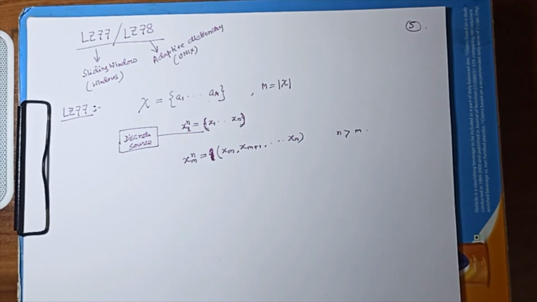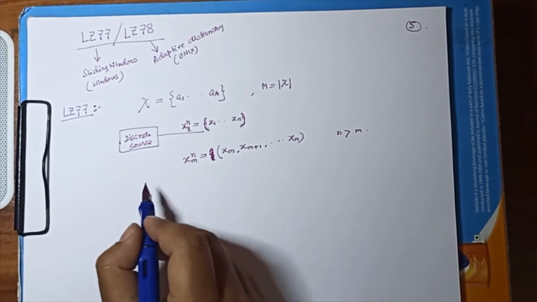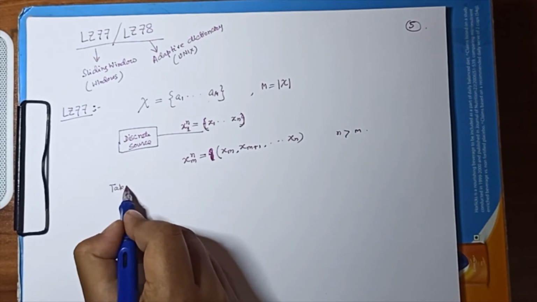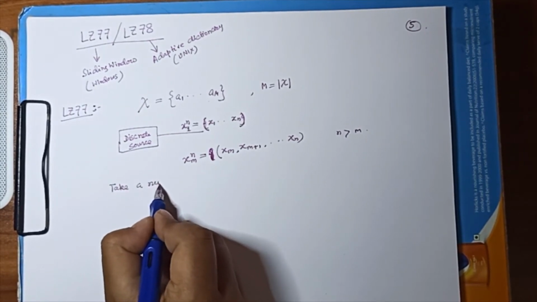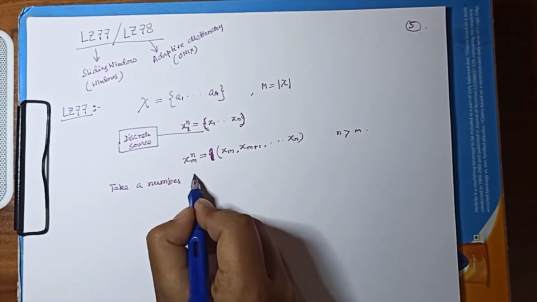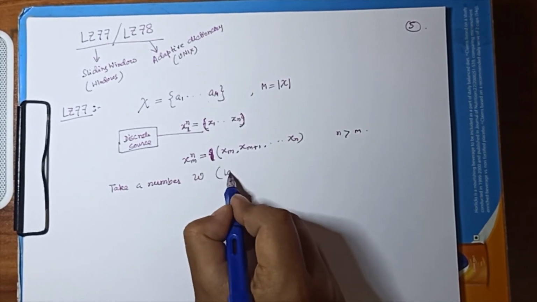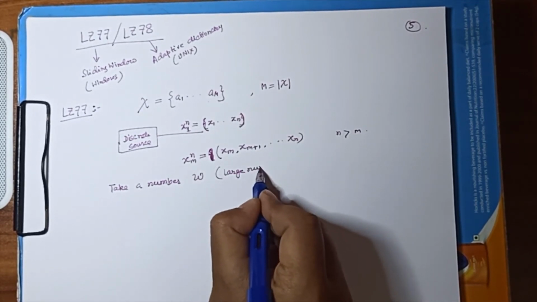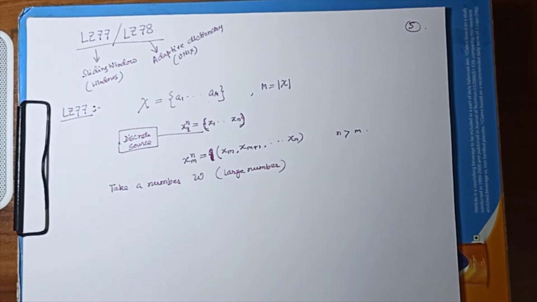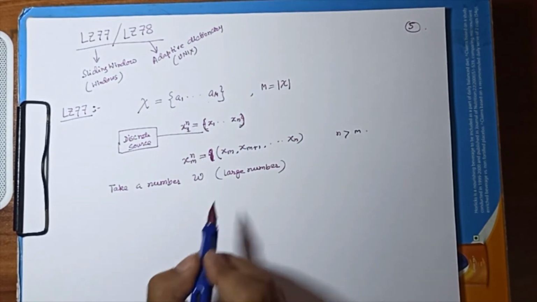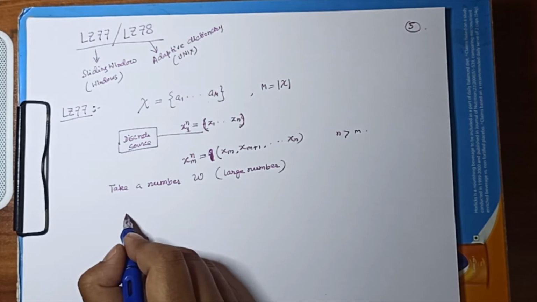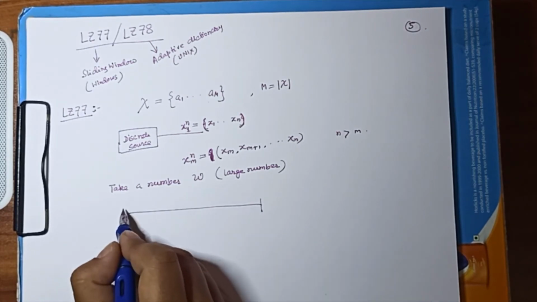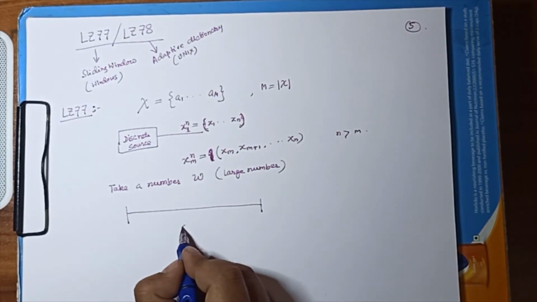Okay, so the symbols are coming out. What it will do is take a number w, which is a large number. How large, what is the dimension, we'll talk later. So take a number w, then keep a sliding window of size w.